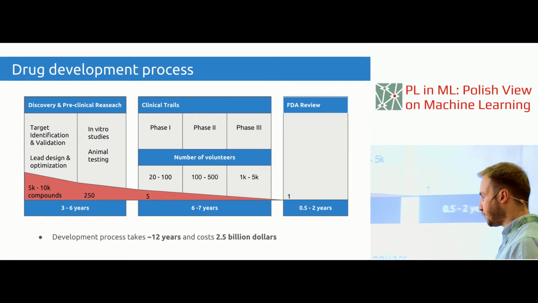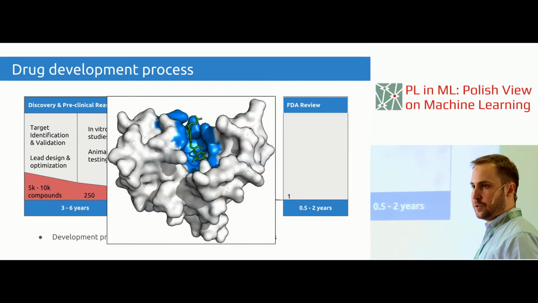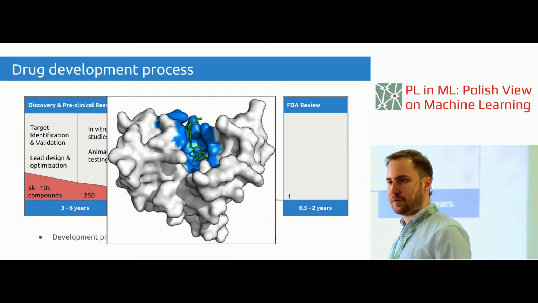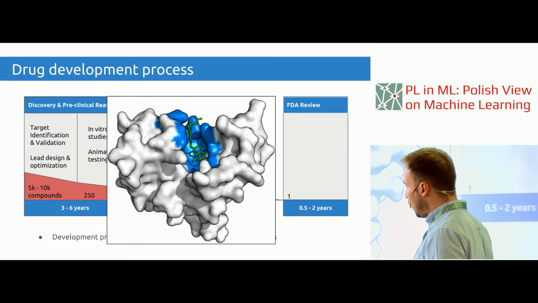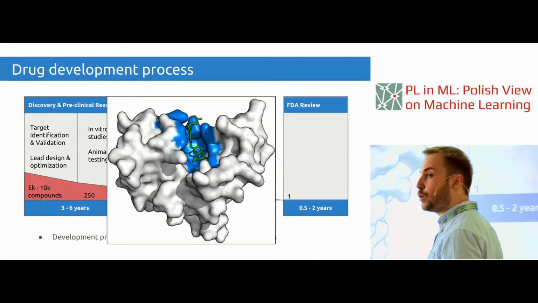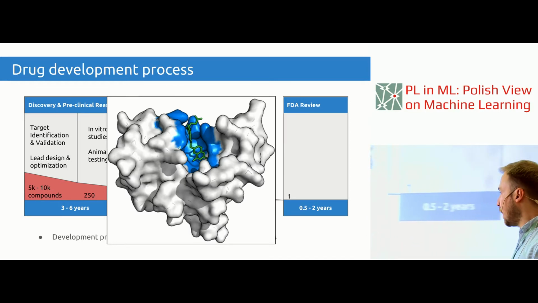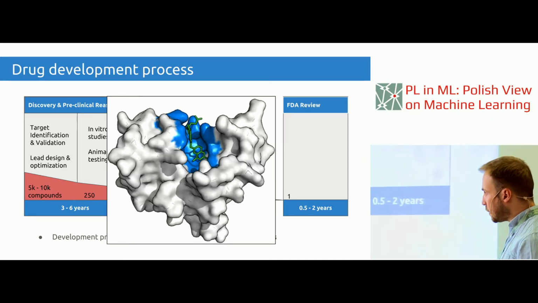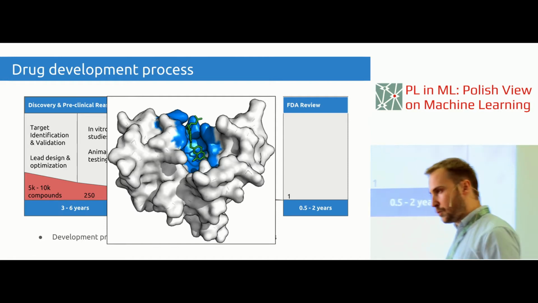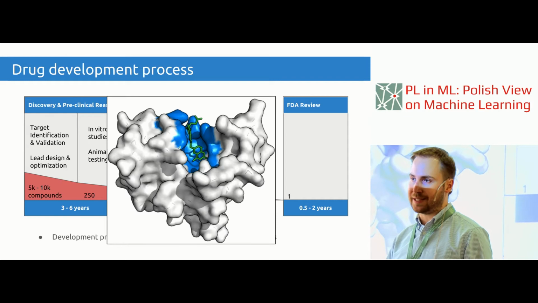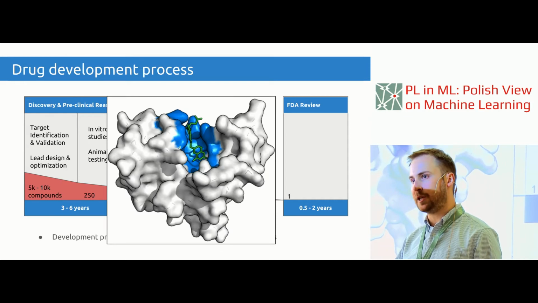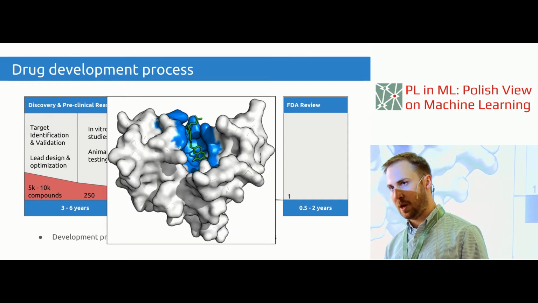drug discovery. And to understand the basics of drug discovery, you should know two things. What is a target and what is a lead? So target is this white guy here. Usually this is a protein that is somehow involved in a disease process.